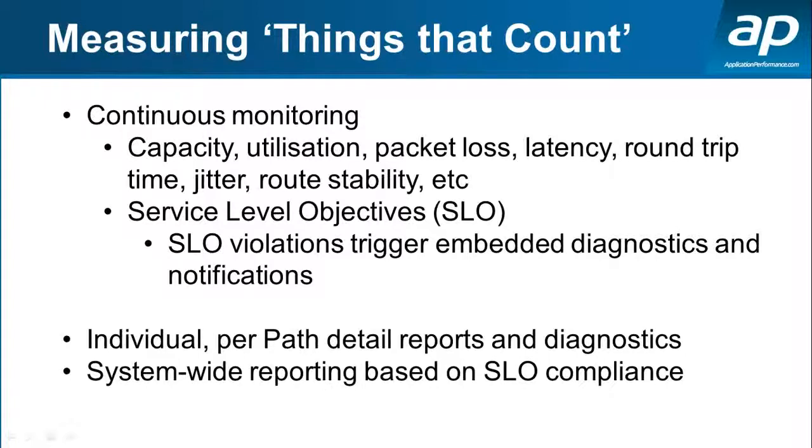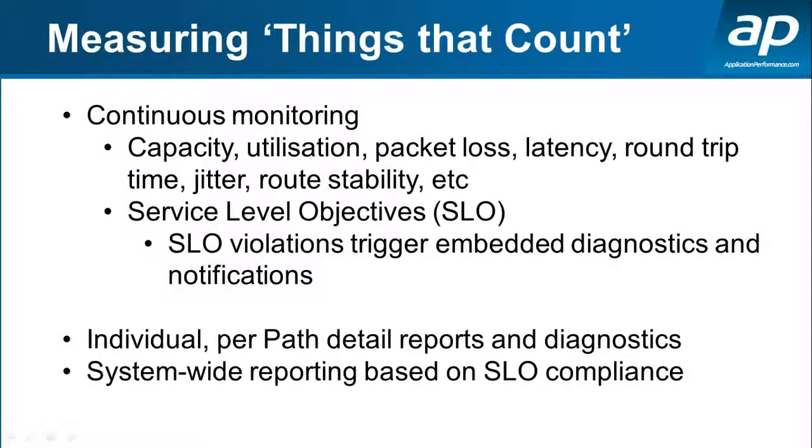I don't know of another product that can give you a very accurate view of the total capacity or the total throughput that you've got end to end. Utilization levels and a whole pile of other stuff that you must know about in order to understand how well that network path can support application performance through it.